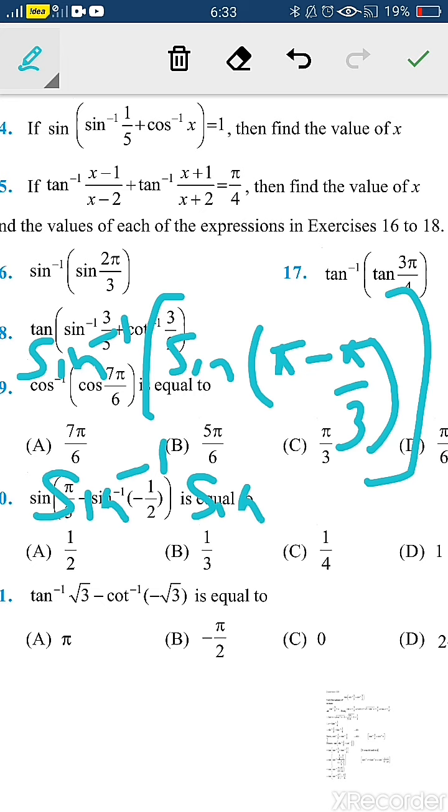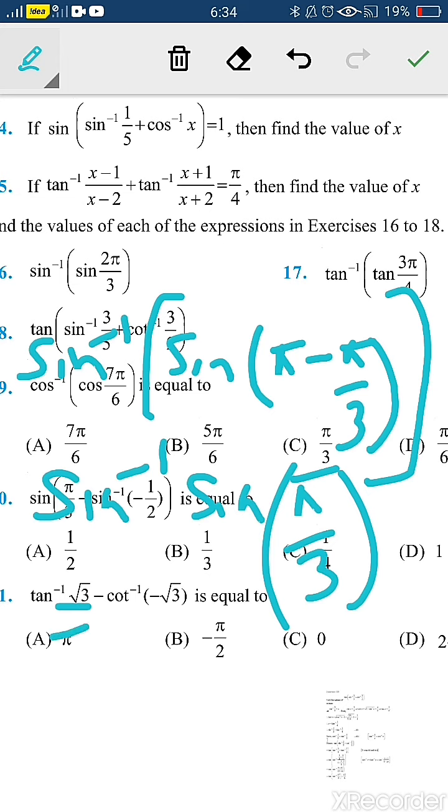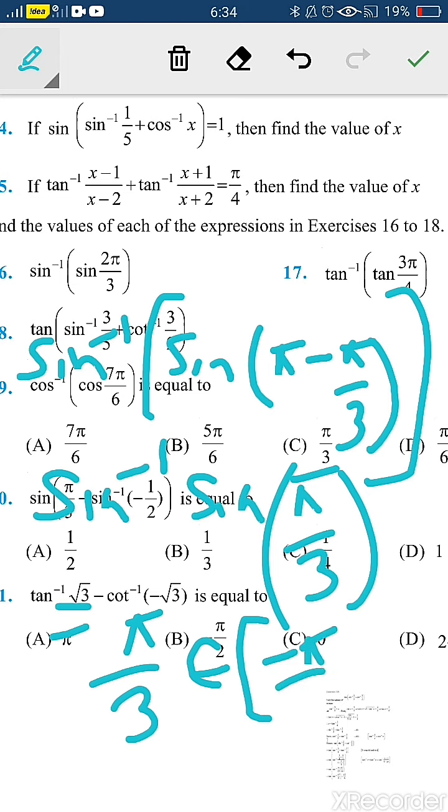You know the formula: that is sine theta, because it lies in the second quadrant, and in the second quadrant sine is positive. So it becomes sine pi by 3. Sine inverse and sine cancel, and we get the answer pi by 3, which belongs to the closed interval minus pi by 2 to pi by 2. So this is your answer.